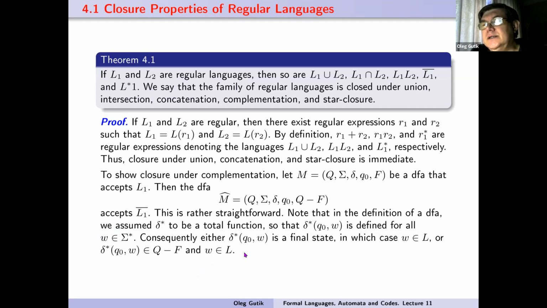Consequently, either delta star of Q0, W is a final state, in which case W belongs to L, or delta star of Q0, W belongs to Q without F, and the word W does not belong to L.